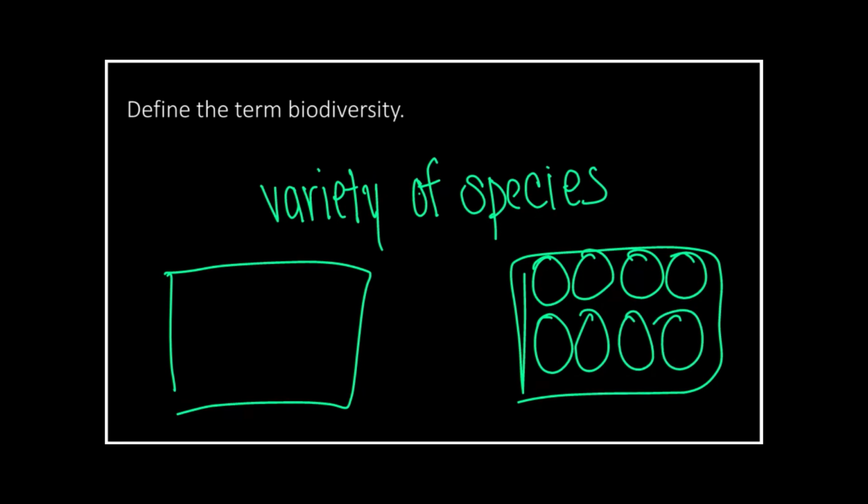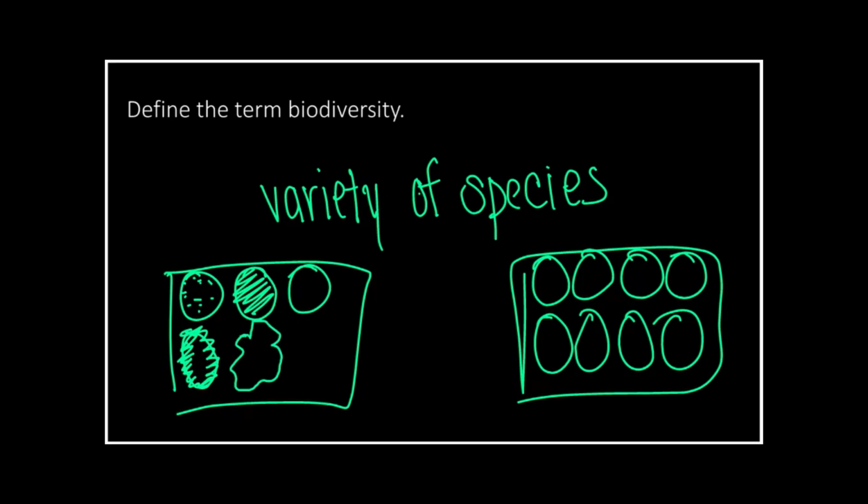So the diversity of donuts is pretty low. Okay. But let's say here we've got sprinkly donuts, and we've got this cream filled one. And then we have a regular donut. And then we've got one with lots of icing on it. I don't know the other types of donuts. There's a swirly one that looks like a braid or whatever. That's a donut, whatever. So you've got lots of different types of donuts.